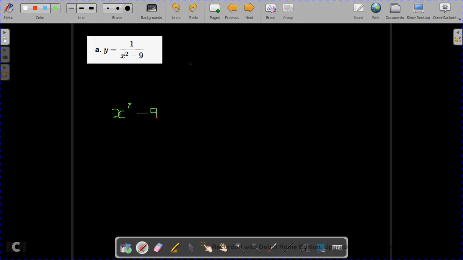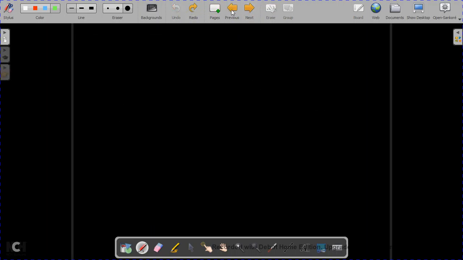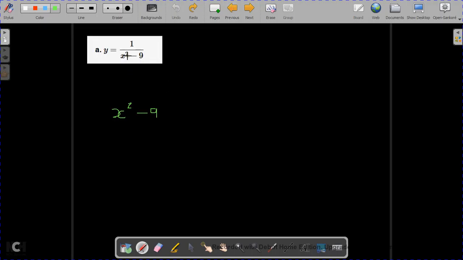Okay, we know from the first situation here, we've got something over something, and our denominator can't be equal to 0. So it's going to be all values except for that point.